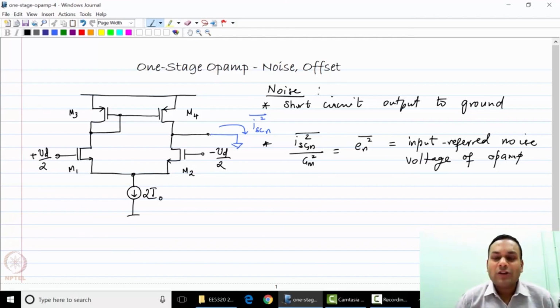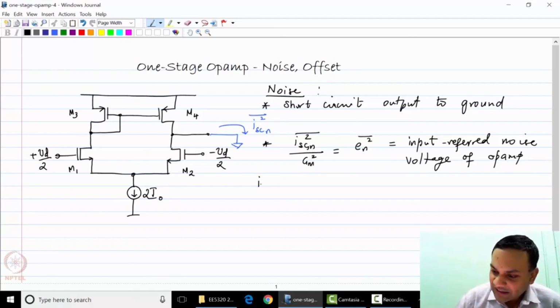This is very useful because op-amps in general are voltage controlled current sources, the CMOS op-amps that we are looking at. So now let us consider each noise source in turn. I have 4 noises. Let us assume that each transistor produces a noise which we'll denote with a subscript 1, 2, 3, 4.